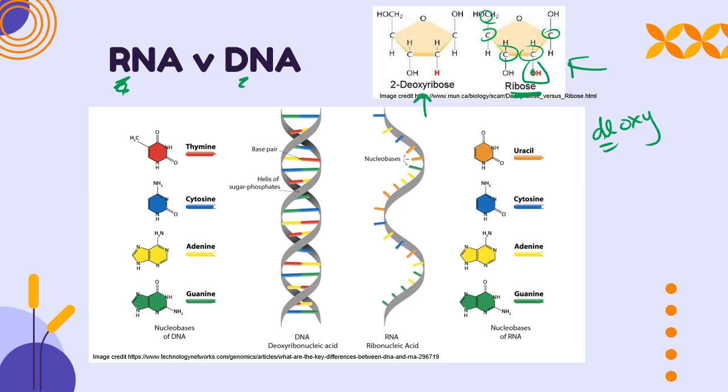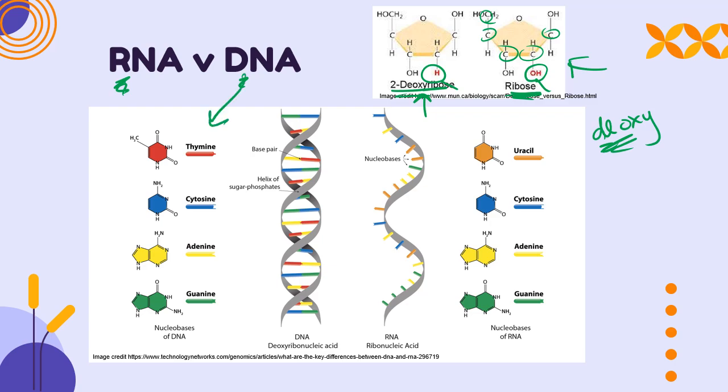So the only difference between these two sugars, ribose and deoxyribose, is that oxygen. So here I have OH, here I've taken the O off, literally deoxied it to turn it into deoxyribose. So in DNA, deoxyribose is the sugar. In RNA, ribose is the sugar. We also have some different nitrogenous bases in RNA versus DNA.